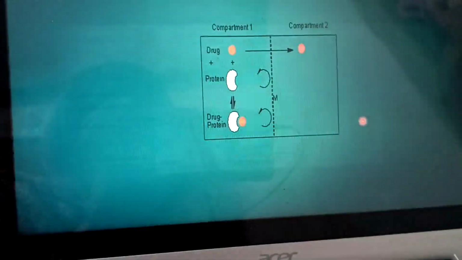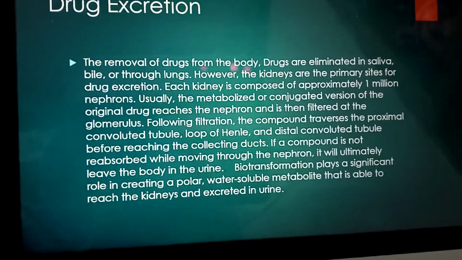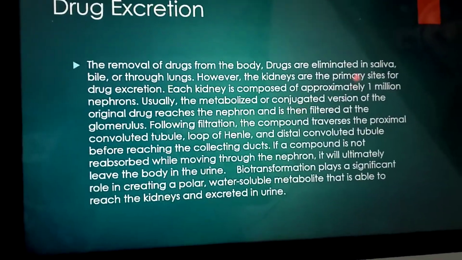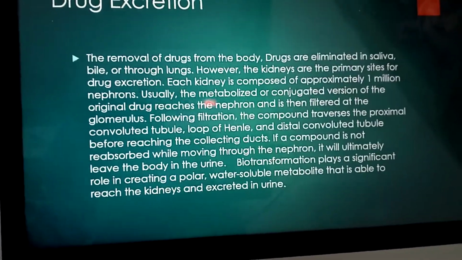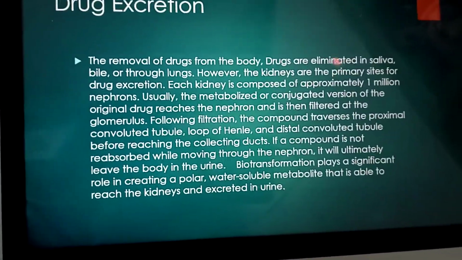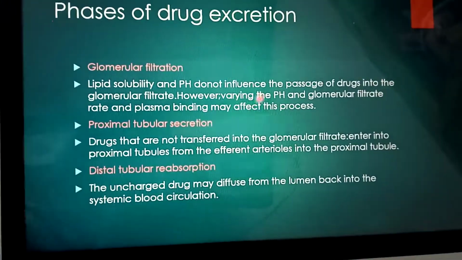First we have studied generalized things about drug excretion. That's simply the removal of a drug, called drug excretion. Then some drugs are eliminated in saliva, bile, and lungs, and the main organs are the kidneys. Then we have talked about the phases of drug excretion.